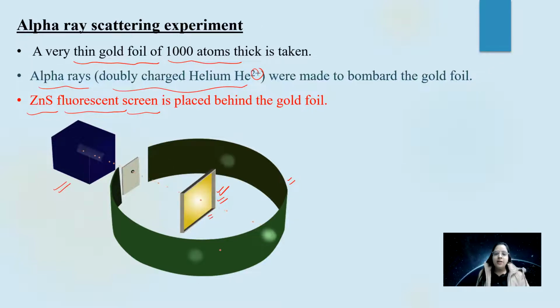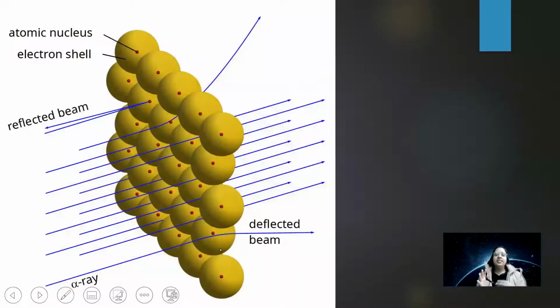In this whole experiment, let us discuss the observations and how we come to the conclusion of the nucleus. So this is basically your experiment. We have enlarged the gold foil.